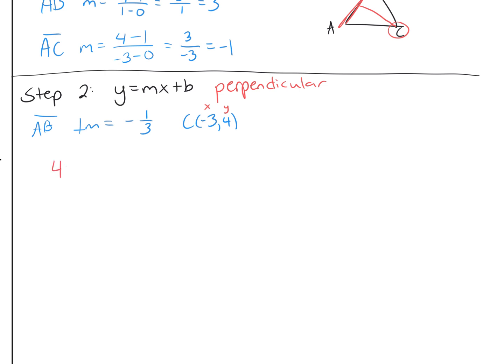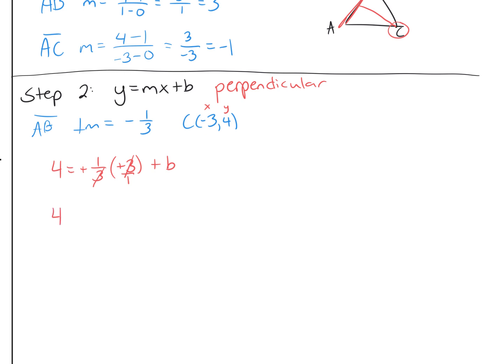4. 4 equals negative 1/3 times, what's my x value? Negative 3 plus b. What happens to that fraction? 3's cancel. What happens to the negatives? They become positive, right?